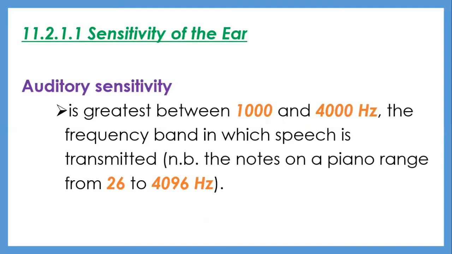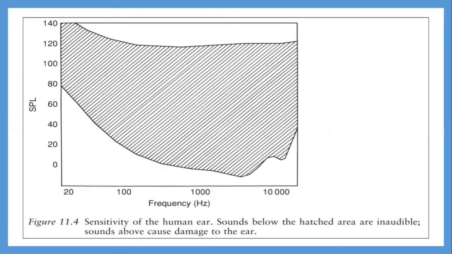And take note, the notes on a piano range from 26 to 4,096 hertz. Now, figure 11.4 shows the sensitivity of the human ear to different audible frequencies. Take note that sounds below the hatched area are inaudible. Sounds above cause damage to the ear.